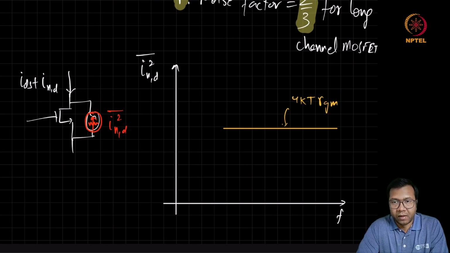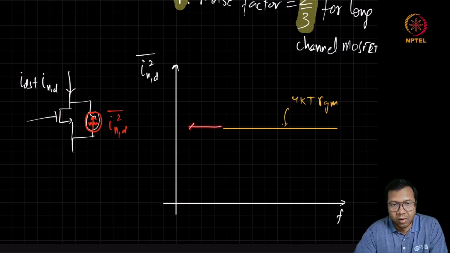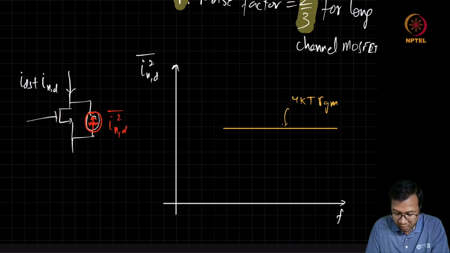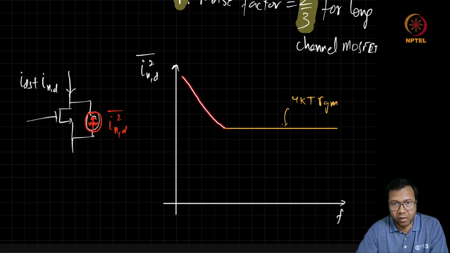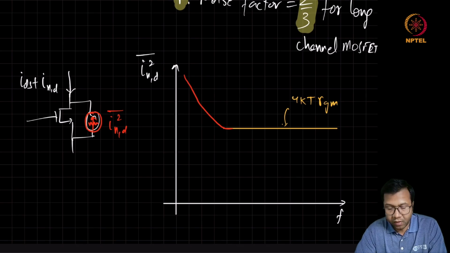Now this is the expected noise current PSD, but in reality we see that as you move to very low frequency, this noise current PSD is not flat and it starts showing a 1/f kind of behavior.